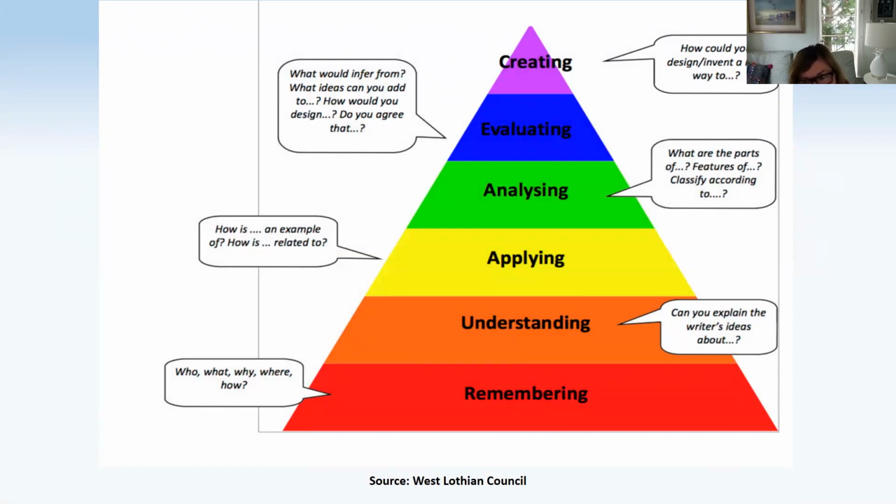What are the parts or the features of? How is an example related to? How could you design or invent a new way to do this? What would you infer from this? What ideas can you add? So these are the sorts of questions that it's useful for you to bear in mind depending on what is the goal of the lesson.